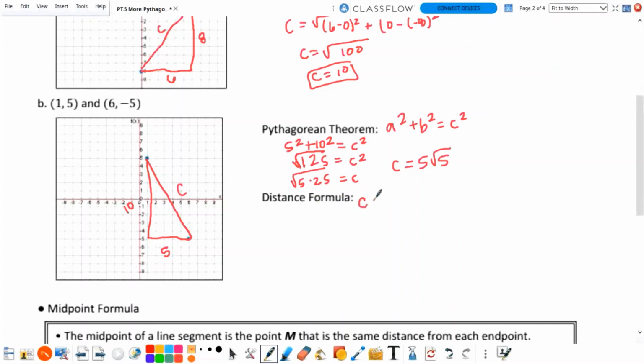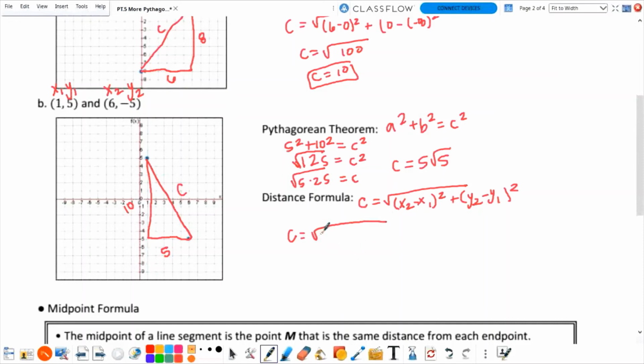All right, then we can do the same thing, but we can do it using our distance formula. X sub 2 minus x sub 1 squared plus y sub 2 minus y sub 1 squared. Right, and this is where we're going to use these points they gave us. So we have x sub 1, y sub 1, x sub 2, and y sub 2.